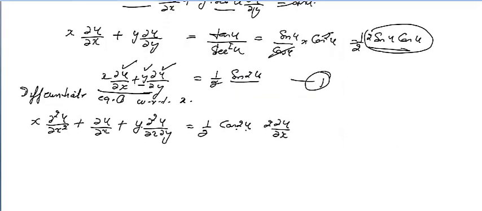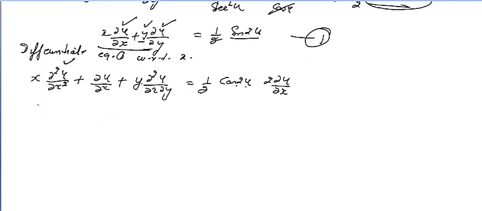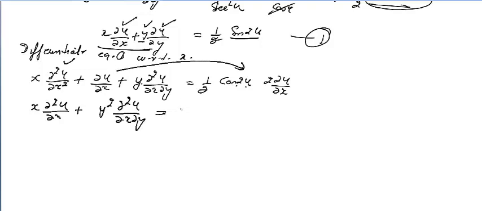Okay, so what you will get here, very interesting to see. You have x ∂²u/∂x² plus y ∂²u/∂x∂y, and this will be shifted to here. So you have a 1/2 cos 2u and minus 1 into ∂u/∂x.